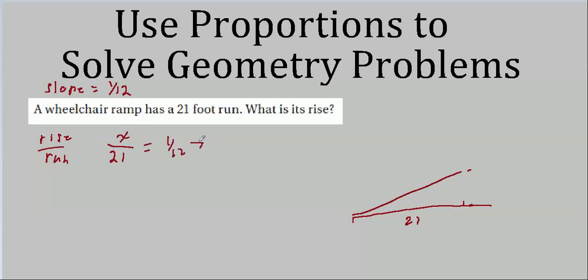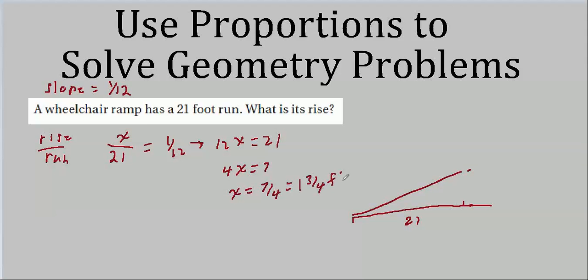So now we can just write 12x equals 21 times 1, which is 21. And we can divide these each by 3 and get that 4x equals 7. X equals 7 over 4, which equals 1 3/4 foot.